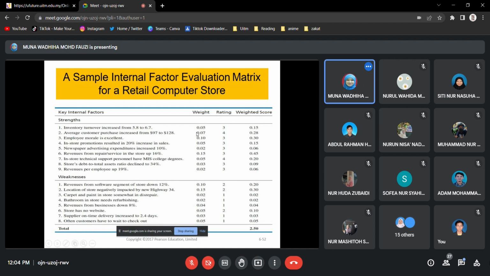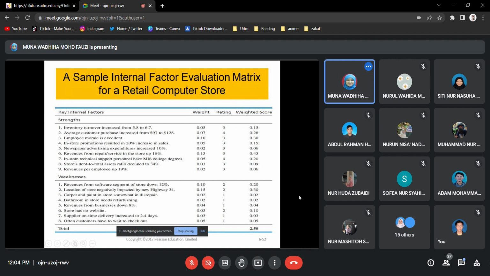Your key factors should be assigned a weight ranging from 0.0, low importance, to 1.0, high importance. You can give any weight that you think is suitable for the strength you find, and then you need to give the rating. The rating can be 1 to 5 or 1 to 4, according to the strength you find. Then for the weighted score, you multiply the weight, for example 0.05, with the rating. Then you will get the weighted score.